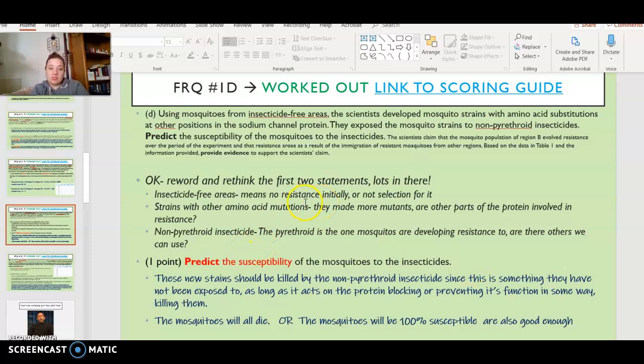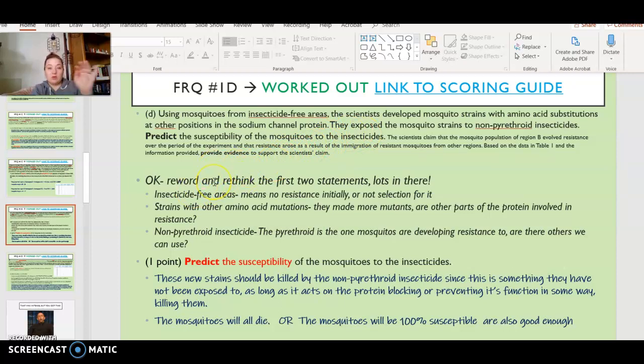So, using mosquitoes from insecticide-free areas, the scientists developed mosquito strains with amino acid substitutions at other positions in the sodium channel protein. They exposed the mosquito strains to non-pyrethroid insecticides, so some other chemical. Predict the susceptibility of the mosquitoes to these new non-pyrethroid insecticides.